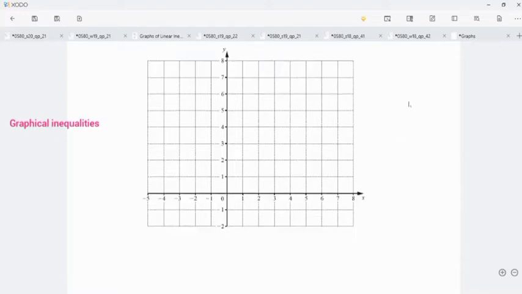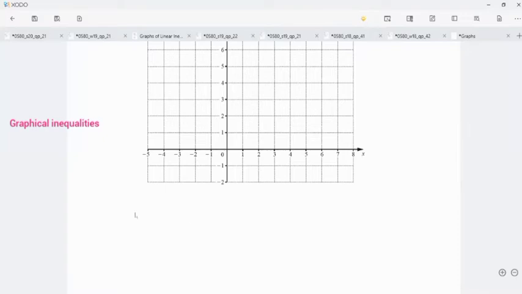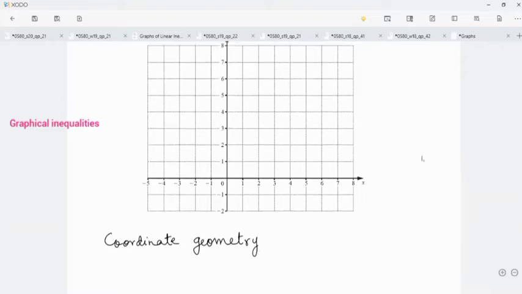For coordinate geometry, we need to understand basically the equation of straight lines. In coordinate geometry, we are mainly discussing the equations of straight lines.